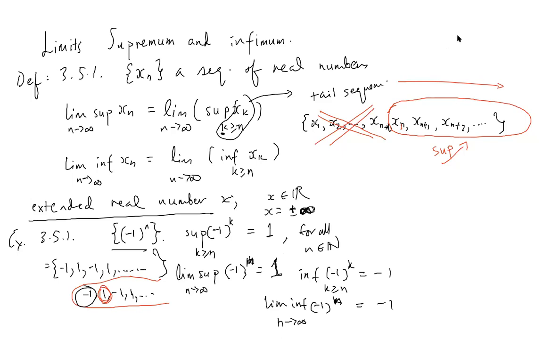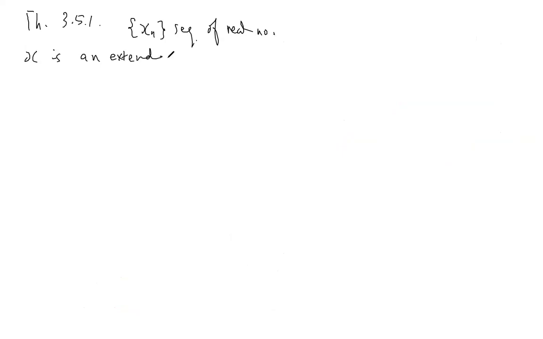So let me clear this. Your theorem 3.5.1: you have xn is a sequence of real numbers, and x is an extended real number, meaning it can take positive or negative infinity as a value.